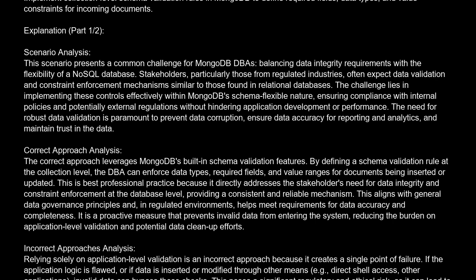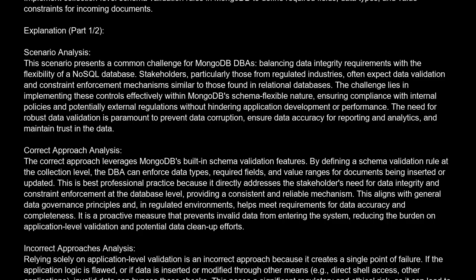The challenge lies in implementing these controls effectively within MongoDB's schema-flexible nature, ensuring compliance with internal policies and potentially external regulations without hindering application development or performance. The need for robust data validation is paramount to prevent data corruption, ensure data accuracy for reporting and analytics, and maintain trust in the data.